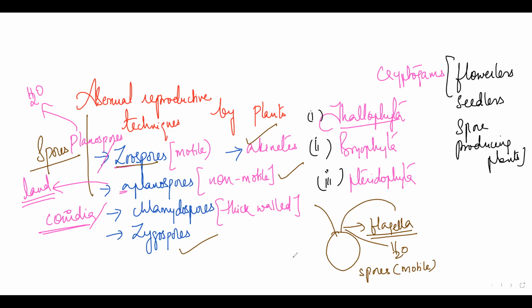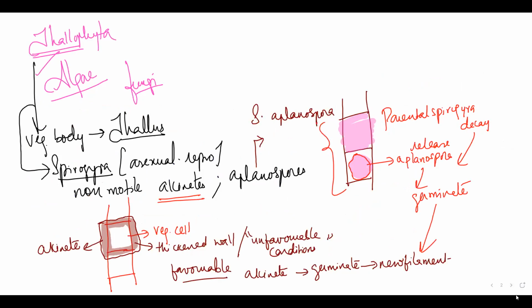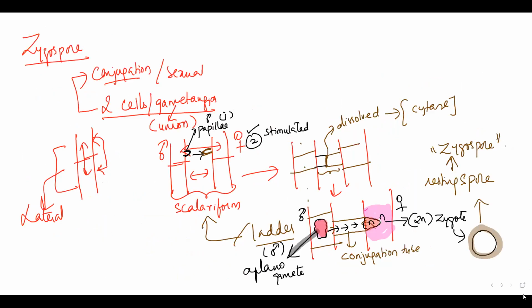Now we have seen the examples, what are those that we have seen just now? We have learned in Spirogyra, that is algae, about the echinate, then we learned about the aplanospore, then we learned about the zygospore. But remember that in fungi also, we can see asexual reproduction.